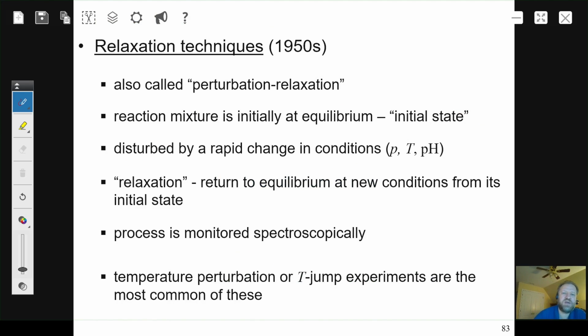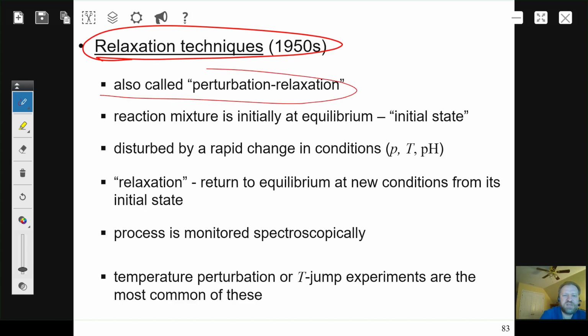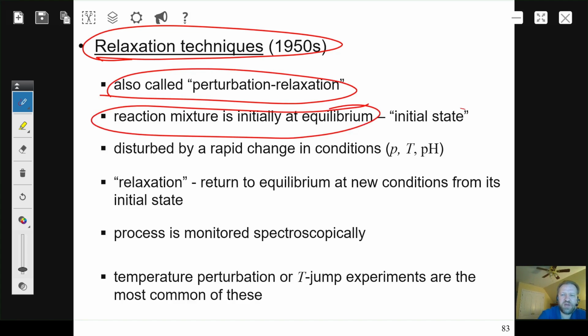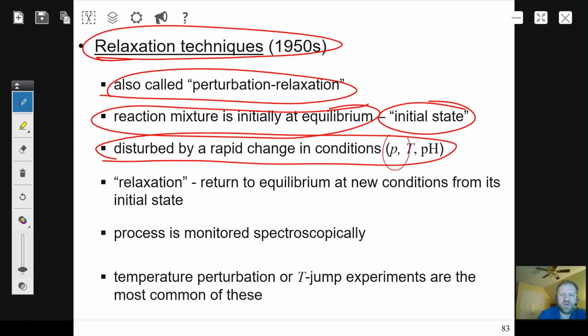The relaxation technique, again, dates back to the mid 20th century. It's also called perturbation relaxation. And the idea is fairly simple. First, you establish equilibrium in a reaction mixture that gives you the initial state, and then this equilibrium is disturbed by a rapid change in conditions such as pressure, temperature, perhaps pH.